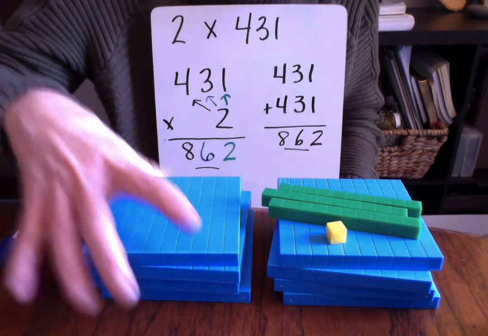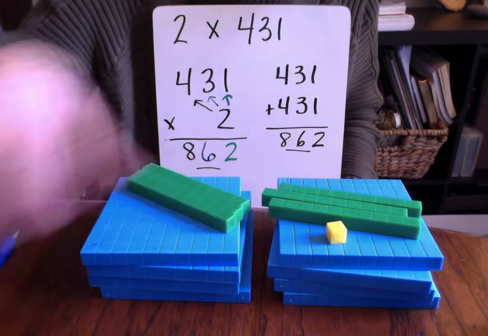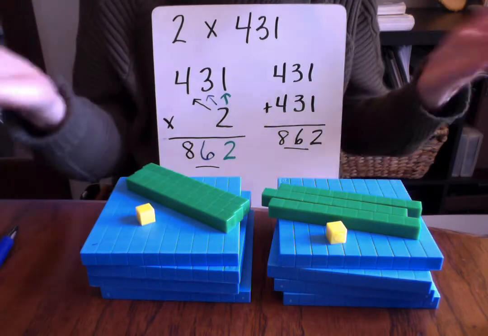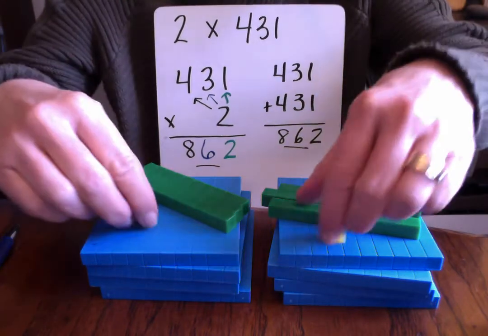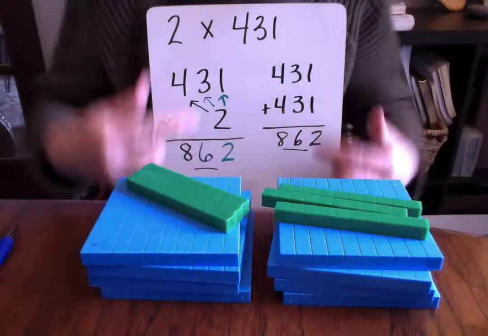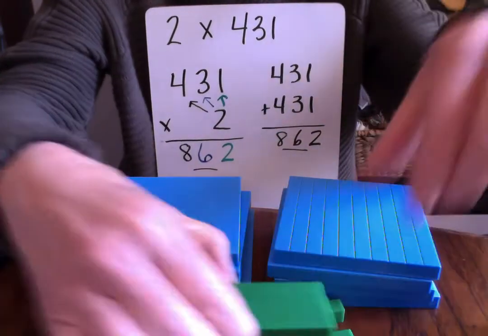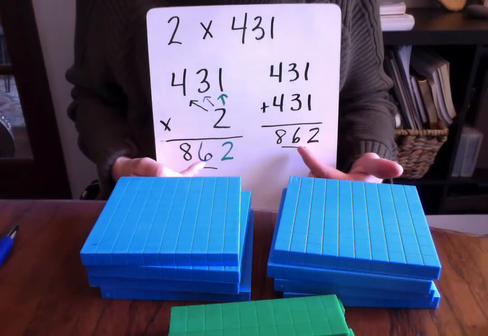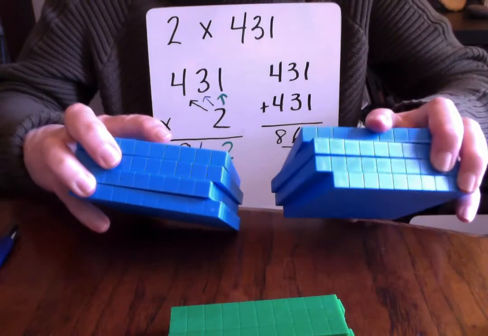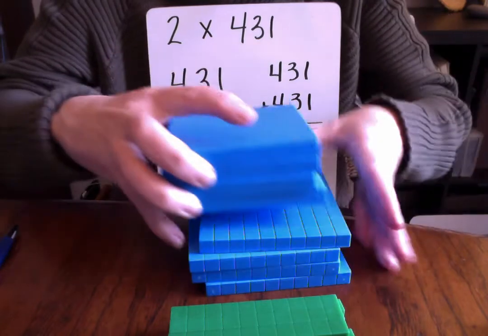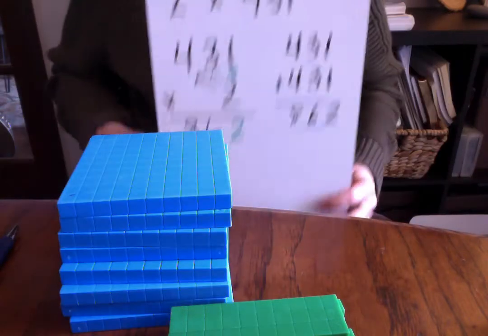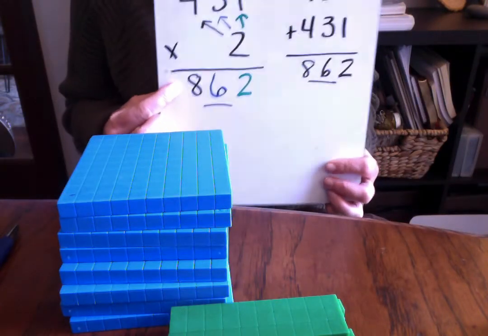I have 2. So here's my second set of 431. And when I put those all together, I have 2 ones, right? Here are my 2 ones. And I have 6 tens. Here are my 6 tens. And here are my 2 sets of 400s that I'm putting together. And I have 800s. Okay?